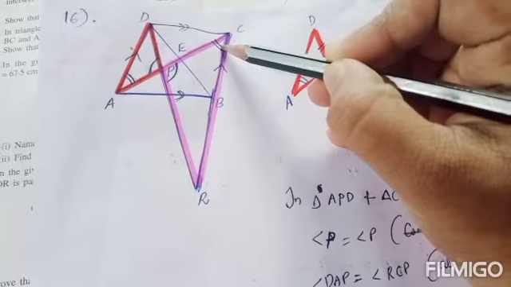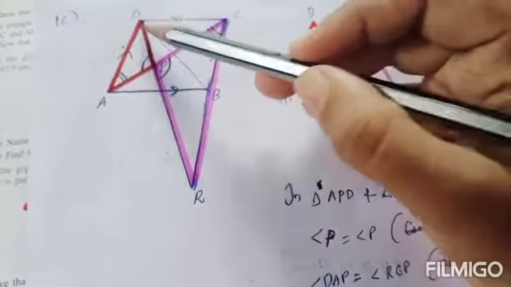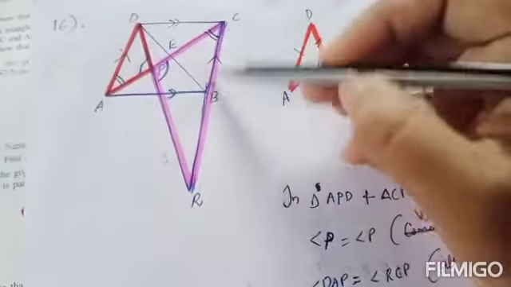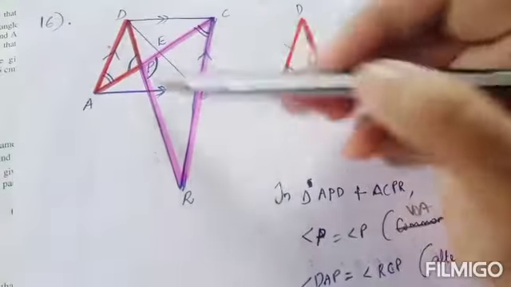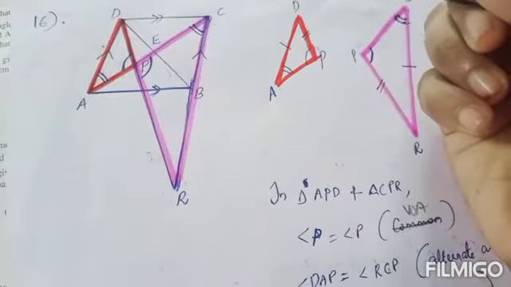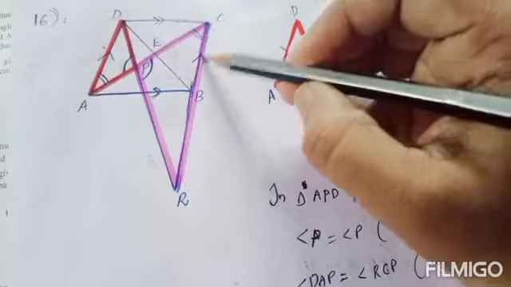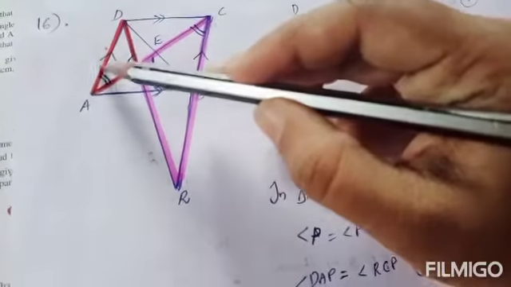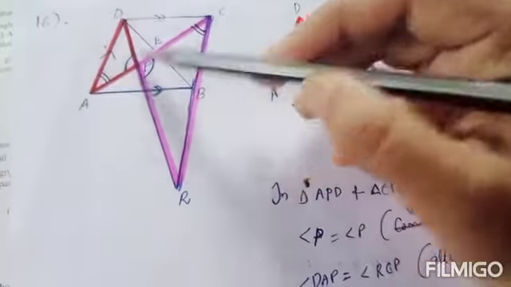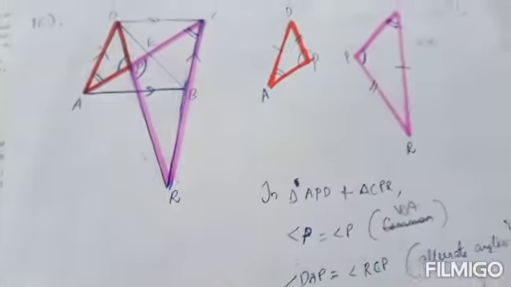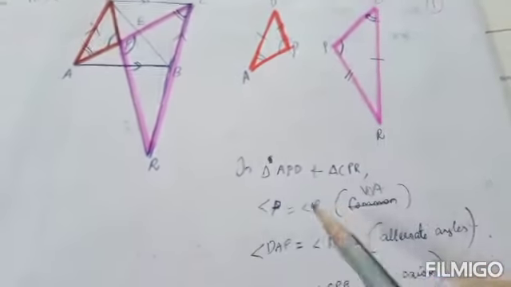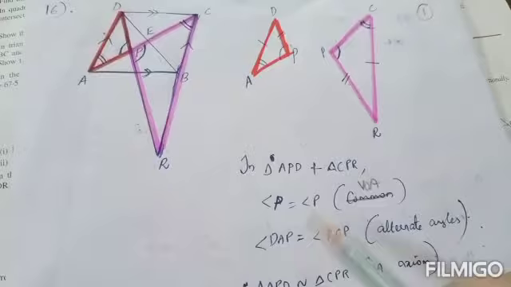Why? Because ABCD is a rhombus, and the opposite sides of a rhombus are parallel. A rhombus is also a parallelogram, as you know. Since these two sides are parallel, angles DAP and RCP form alternate angles. So you got two pairs of equal angles.